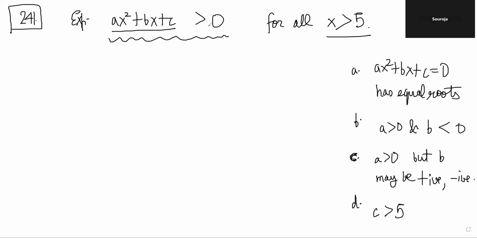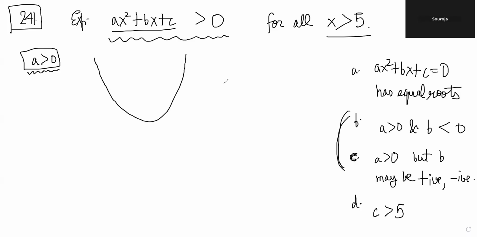Let's analyze the case where a is greater than 0, because two of the options have that. Then the graph of the quadratic can be one of three types.